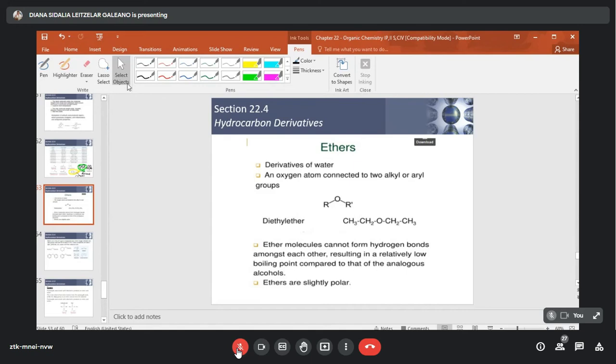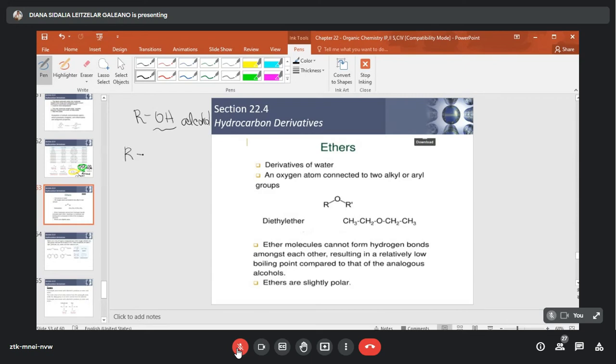Subtitle ethers. When we have an alcohol, we have a carbon chain and an OH attached to the chain. That's what makes it an alcohol. Ethers are like derivatives from the alcohols.